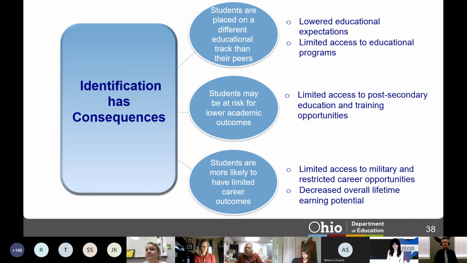And I'm just going to quickly share a story. I had a parent who was homeschooling her child contact me. She was very upset. She suspected that her daughter had speech language issues. She contacted her district of residence.